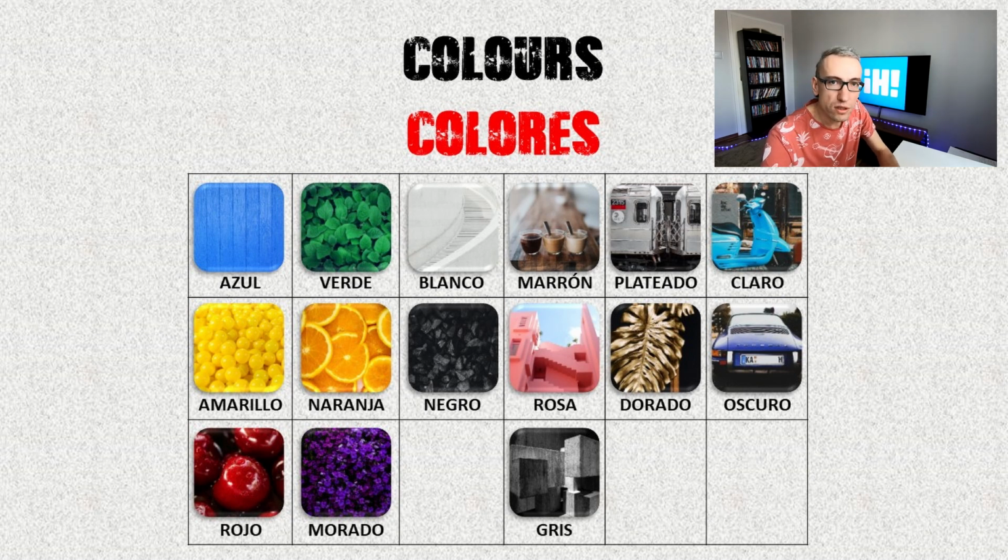With these two tones we can create a lot of different colors, like marrón claro, which means light brown, or marrón oscuro, which means dark brown, and many different colors. Of course, it won't be working with white and black, but besides that we can create a lot of different colors.